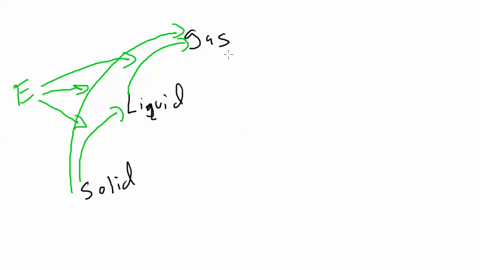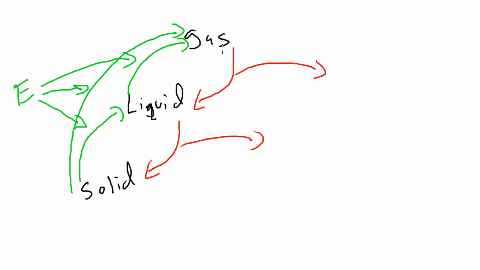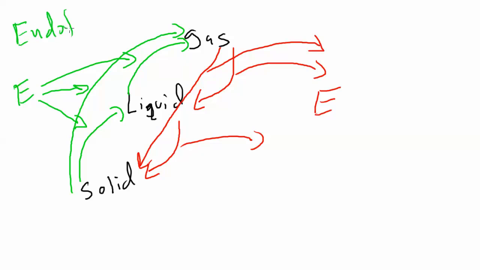Whereas if you want to come down, energy has to come out. So over here we have all the endothermic changes, and over here we have all of the exothermic changes.